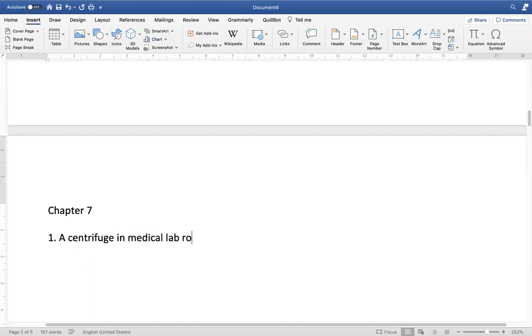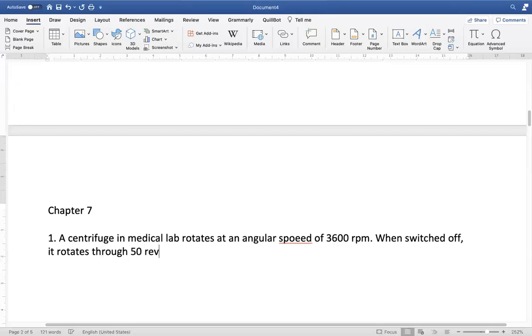A centrifuge in a medical lab rotates at an angular speed of 3,600 RPM. When switched off, it rotates through 50 revolutions before coming to rest. Okay.